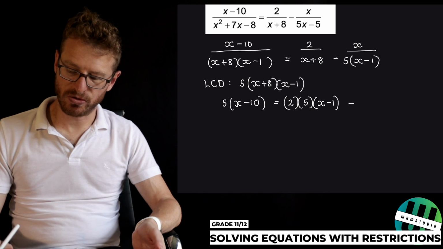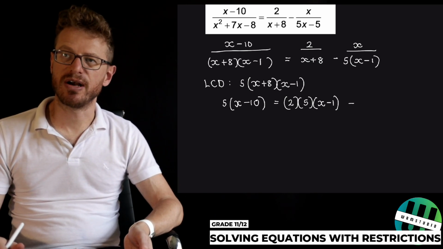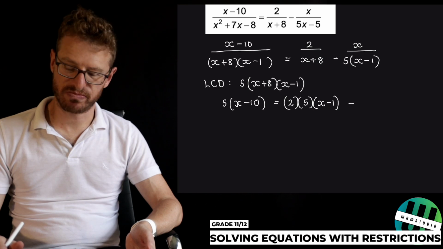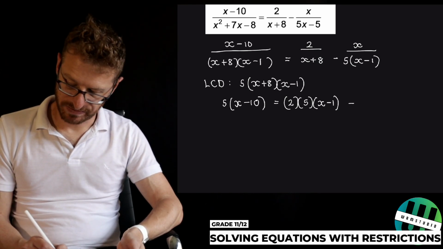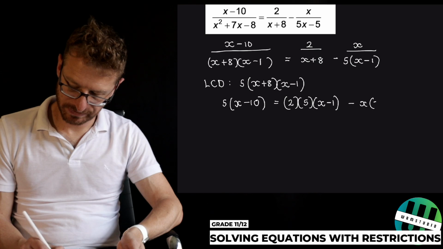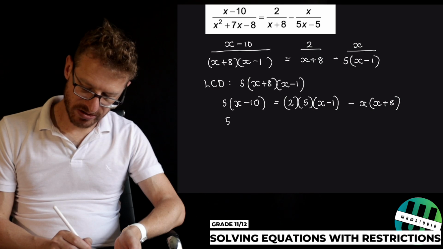And finally, for my last term, I have 5 and x minus 1, so I'm only needing to multiply by x plus 8. Right, now let's multiply out.